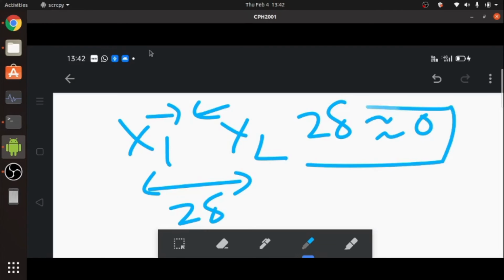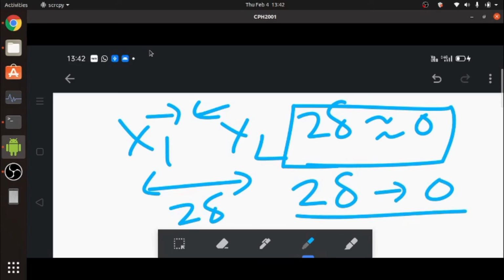This can also be represented as 2 delta tends to 0, like they're really closing in towards each other. If 2 delta is tending to 0, then delta will also tend to 0, so the half points will also come close to each other. Correct?